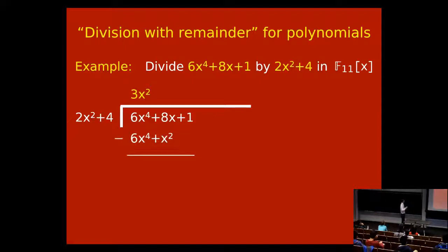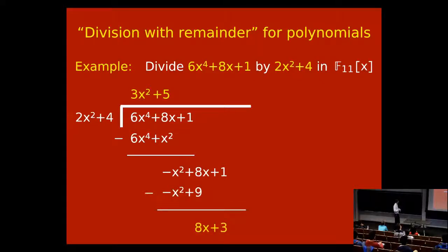I get this times this is this, and then I subtract them, right? And then I get this. And this minus x squared is the same as 10x squared, because minus 1 is 10. But I'm not even going to worry about that right now. I should multiply this by 5 to get 10, which is negative 1. Anyway, you subtract this, and that's the end. This is the remainder.